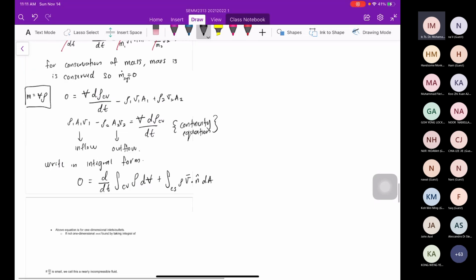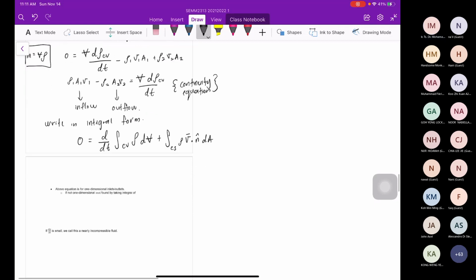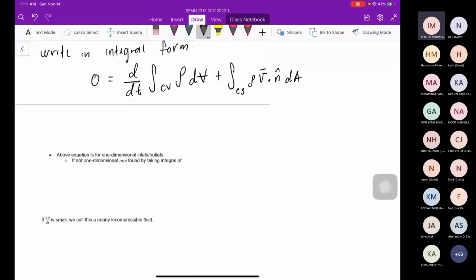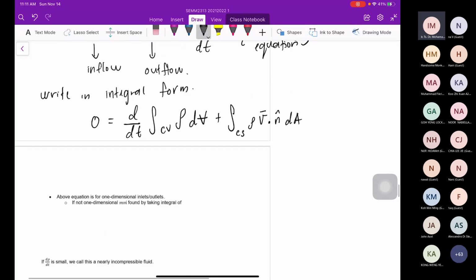This is the conservation of mass leading to the continuity equation. The above equation is one-dimensional, which means we have one inlet and one outlet.